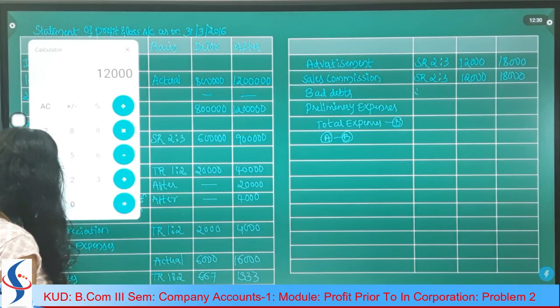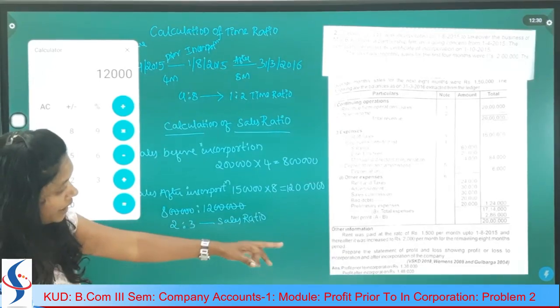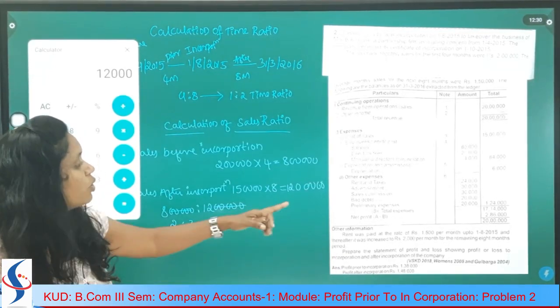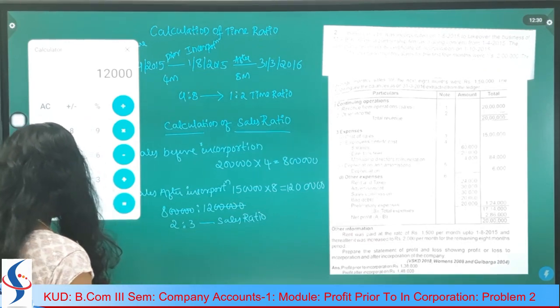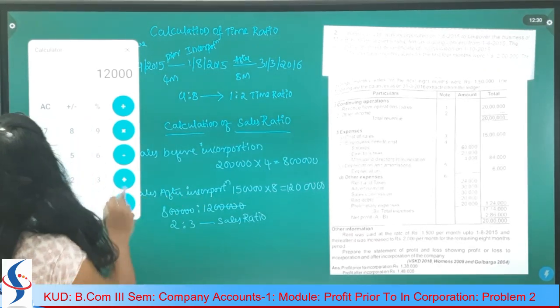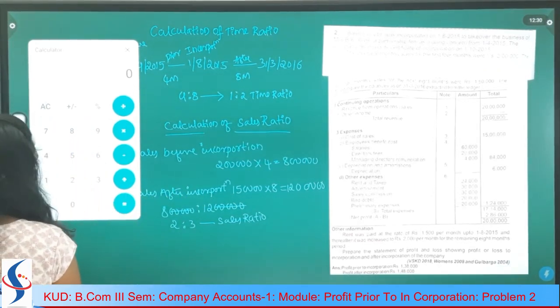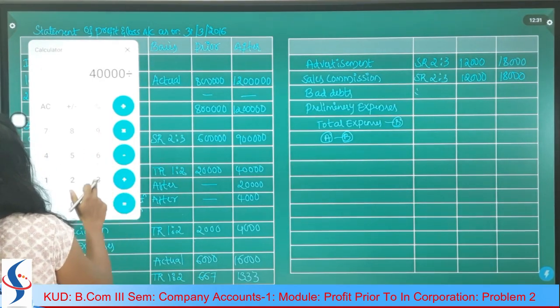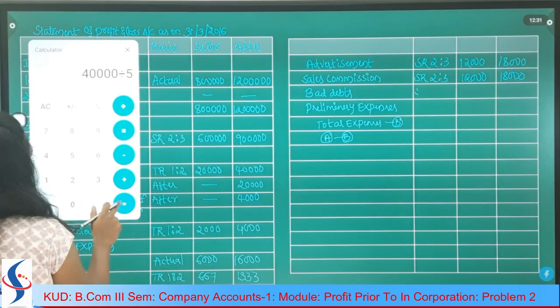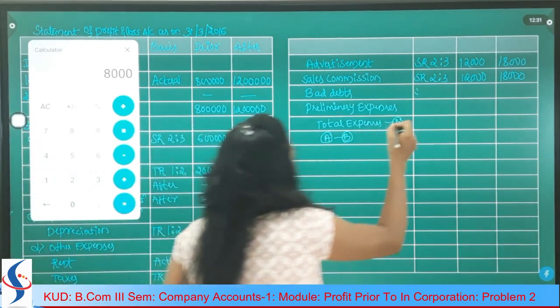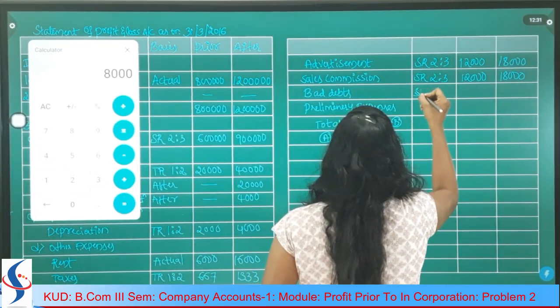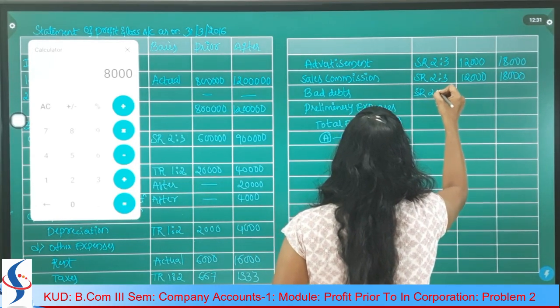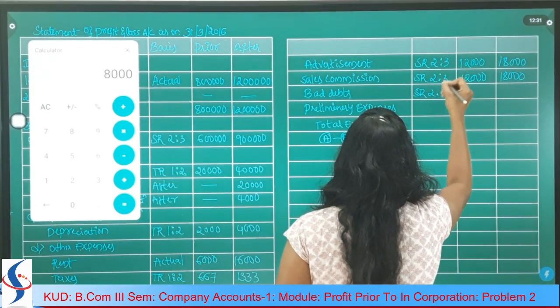What is the next one? Bad debt. Just check, is there any information given related to bad debt? No. Then we should divide bad debt using sales ratio. What is the amount of bad debt? 20,000. 20,000 into 2 divided by 5. This is also sales ratio, because bad debt will happen because of sales.